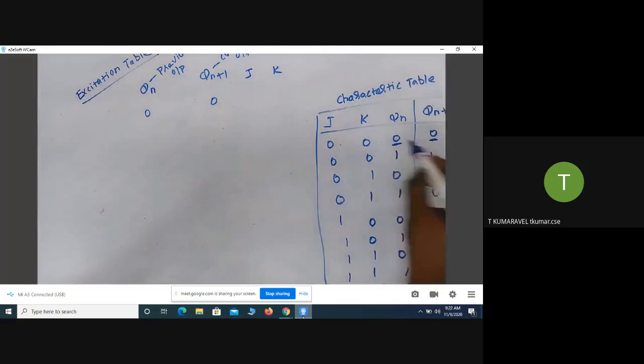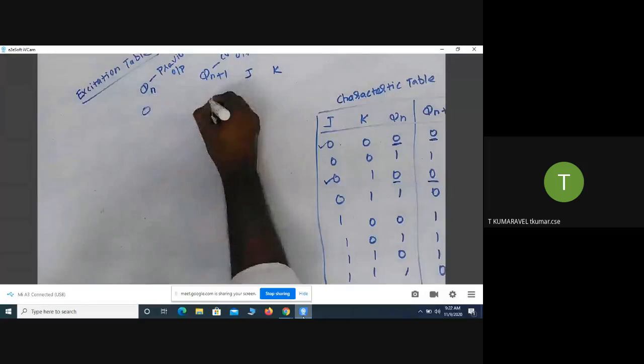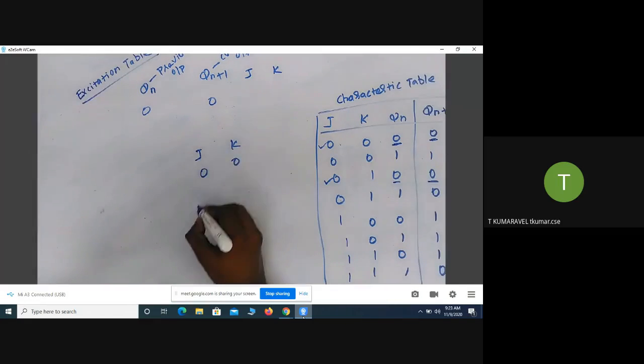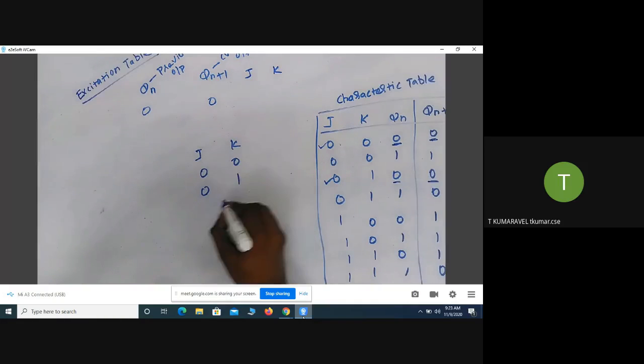One combination is 0 0, another combination is 0 1. In the places where the value changes, that can be denoted as a don't care. So it is 0 and don't care condition.